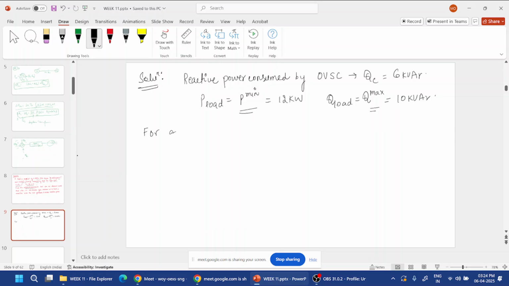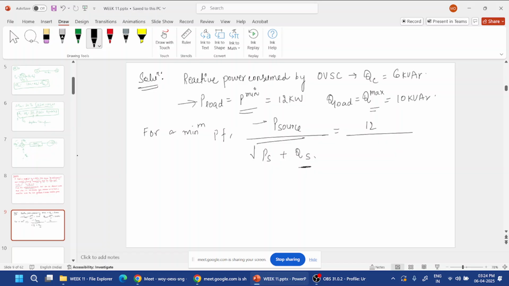power factor, it is P source divided by under root of P source squared plus Q source squared. For a minimum power factor, the numerator should be minimum and the Q term in the denominator should be maximum. So P source will be 12.